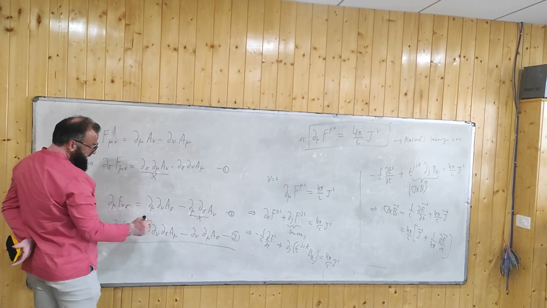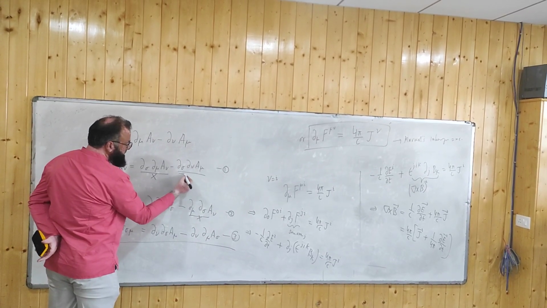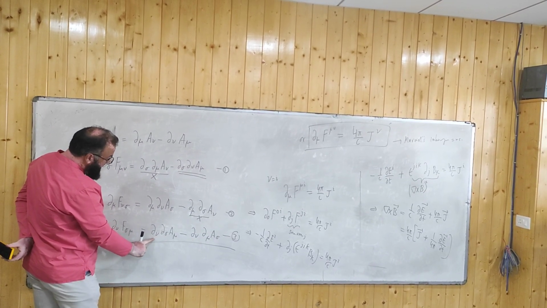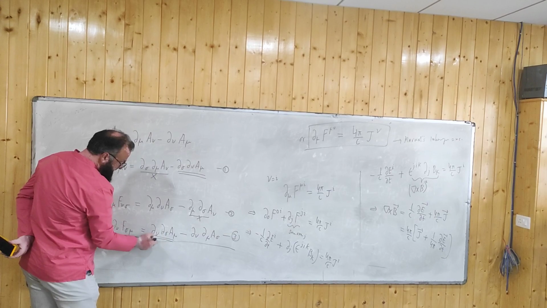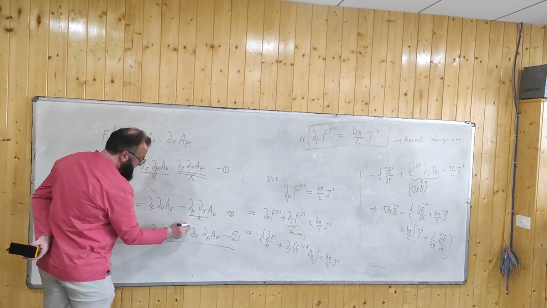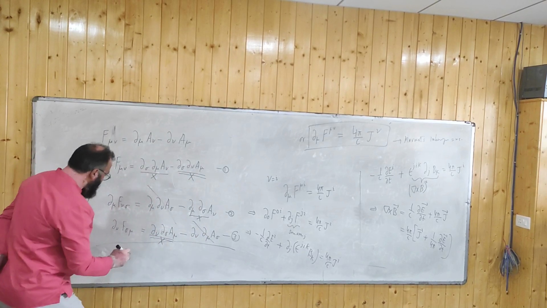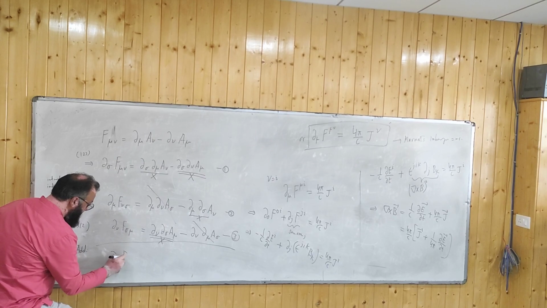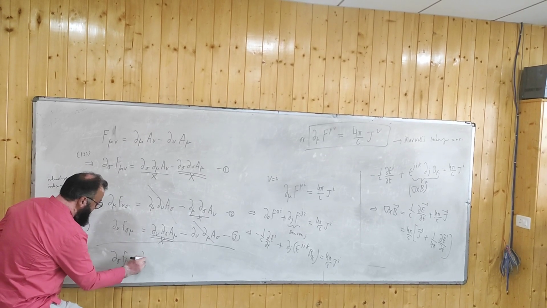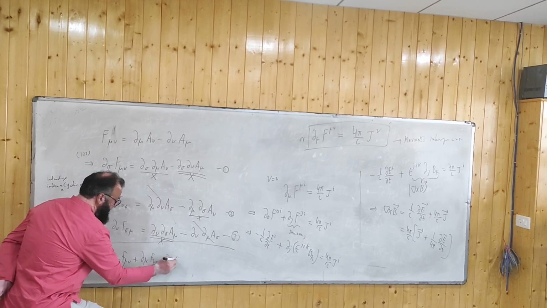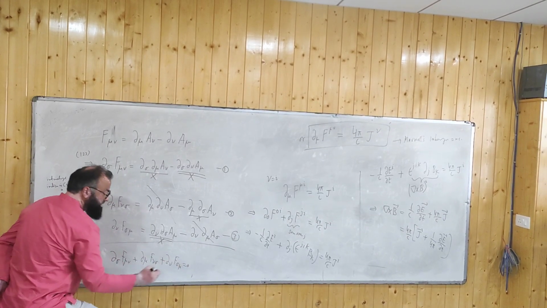Then let's look at this very term, partial sigma, partial mu, f mu. Partial sigma, partial mu, f mu. So this is the term which cancels. Then this term cancels with this term. So what you are having is partial sigma f mu nu plus partial mu f nu sigma plus partial nu f sigma mu equal to 0.